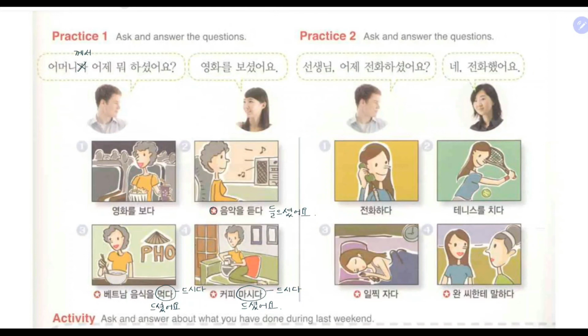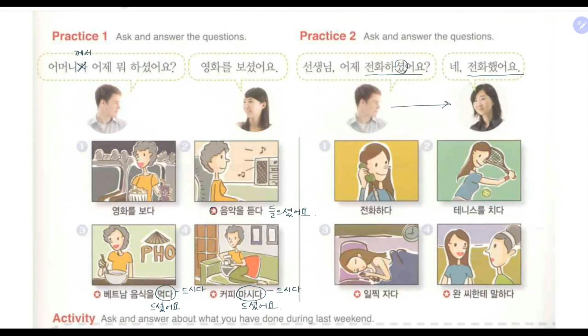자, let's go to practice 2. This time, find the difference. 선생님, 어제 전화하셨어요? Did you call me yesterday? And she says, 네, 전화했어요. So what's the difference? When he asks, he used the honorific form to show the respect to her.